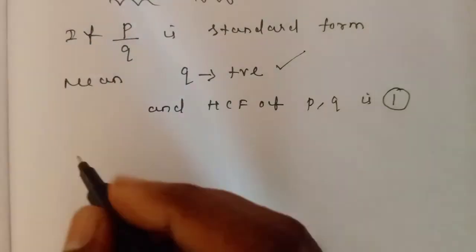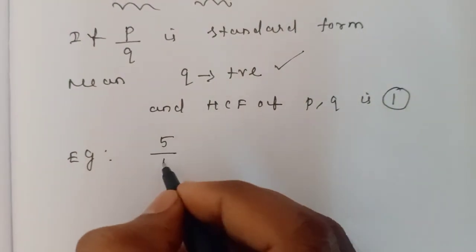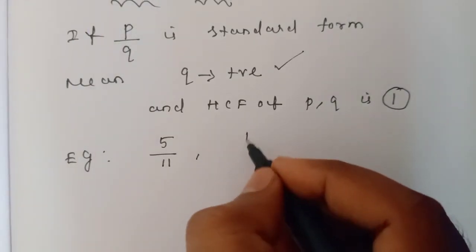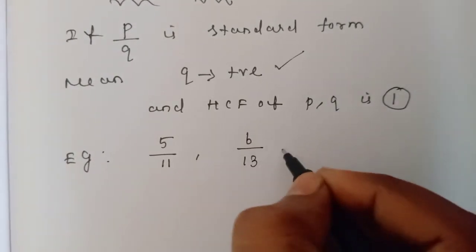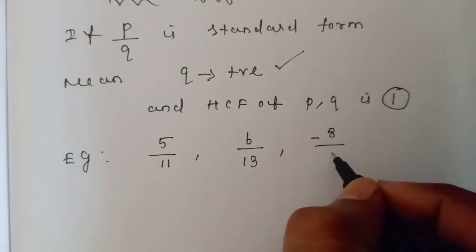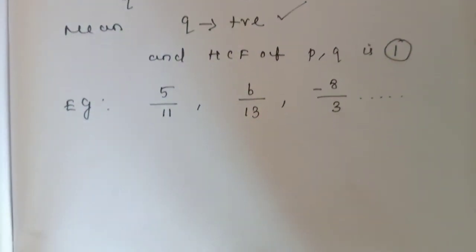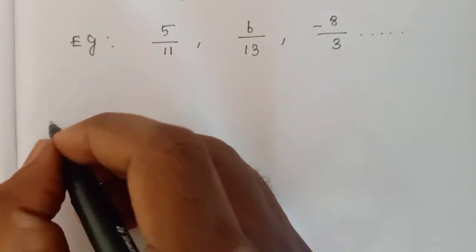For example, 5 by 11, 6 by 13, minus 8 by 3 and so on.